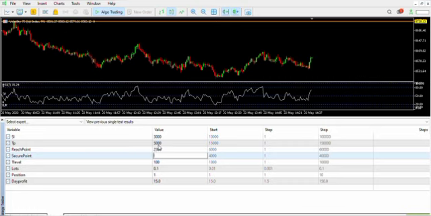You can decide to say, okay, if I'm already getting 23 pips, secure 15 pips for me, secure 20 pips, and so on and so forth. But make sure that your secure point must not be greater than your reach point.